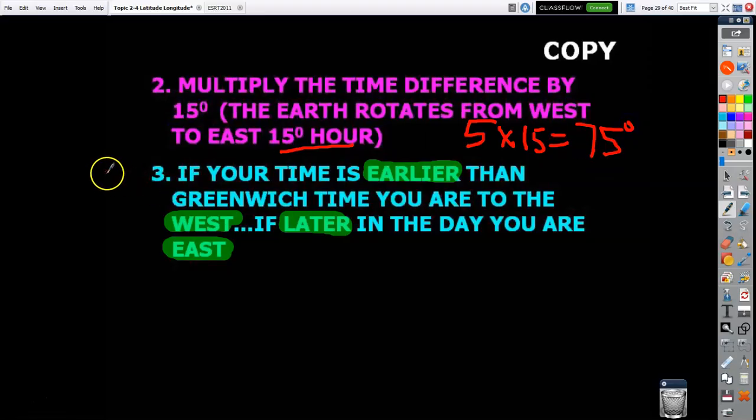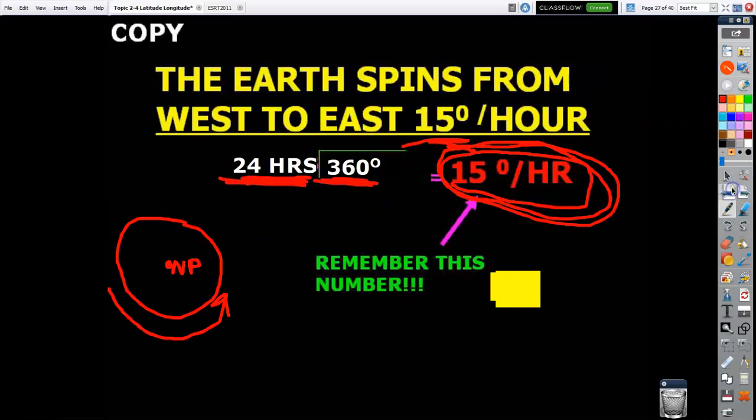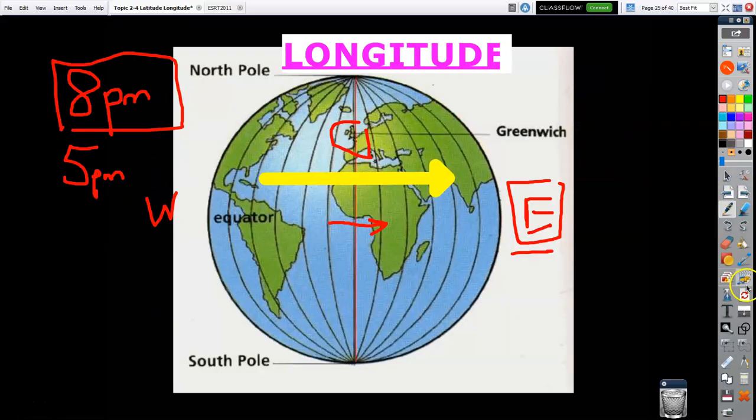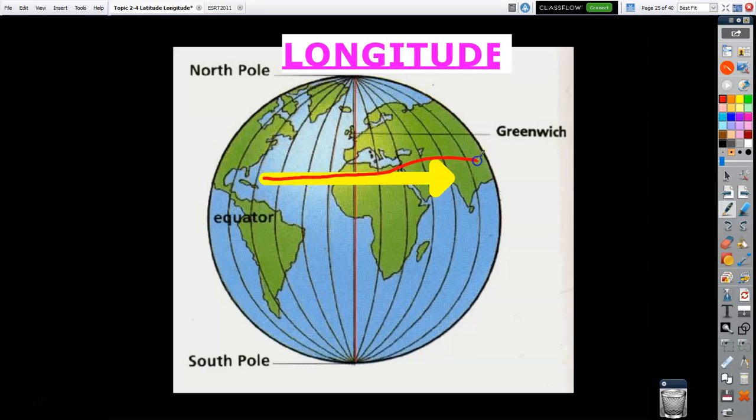Now, the third step is probably the trickiest, and that's why I was referring back to that. Let me go back. This whole west to east thing. So again, because we rotate toward the east, right? This is east over here, and this is west over here. East, again, is always later in the day. If you are later in the day than England, you are to the east.